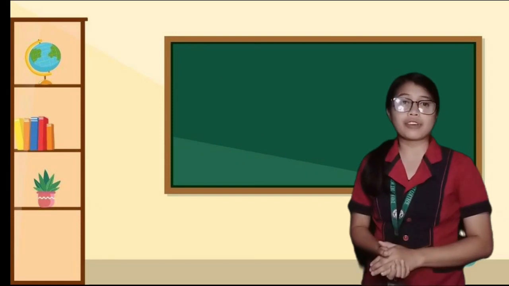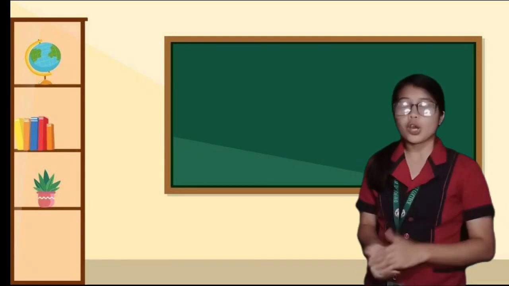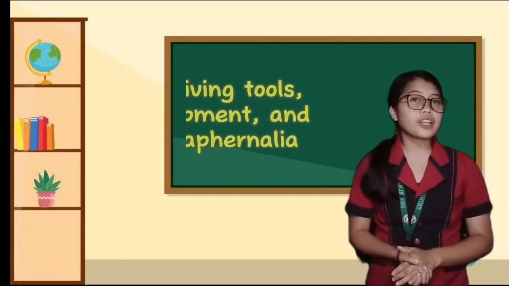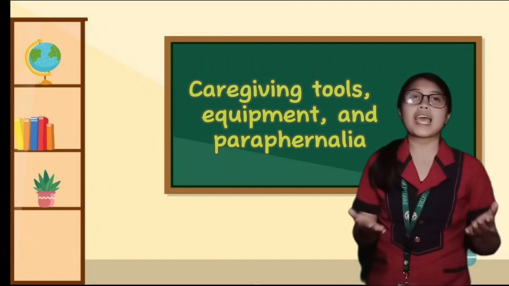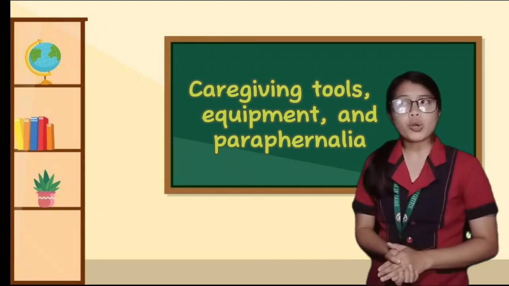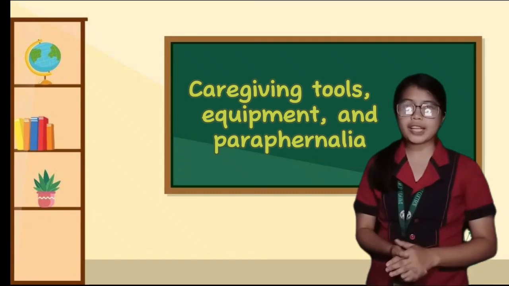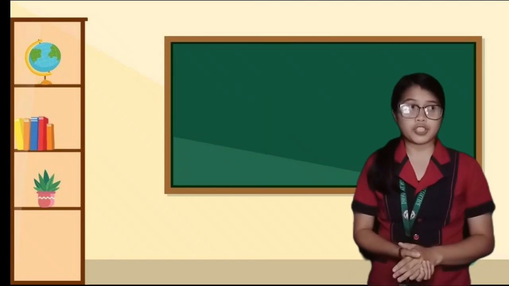I hope, class, that you have learned something from our activities. I know that you already have an idea for today's discussion, which is about caregiving tools, equipment, and paraphernalia. But before we go further, let me read you first the objectives.